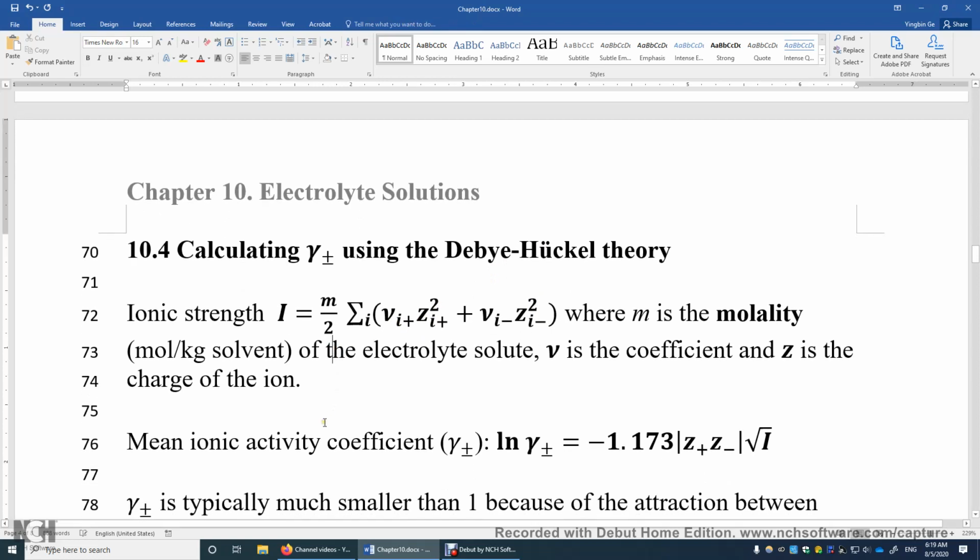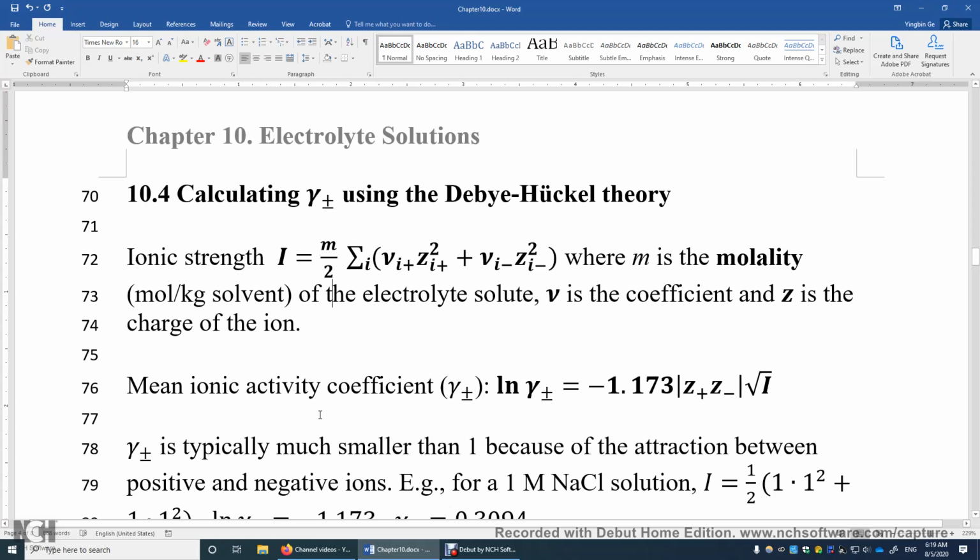Now once we have the ionic strength, we can calculate the geometric mean ionic activity coefficients. The equation is this. You do not have to memorize the equation, but you do need to understand the relationship here.